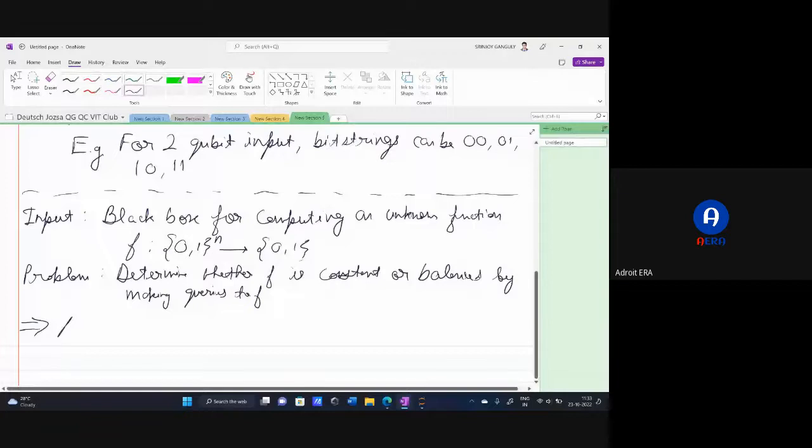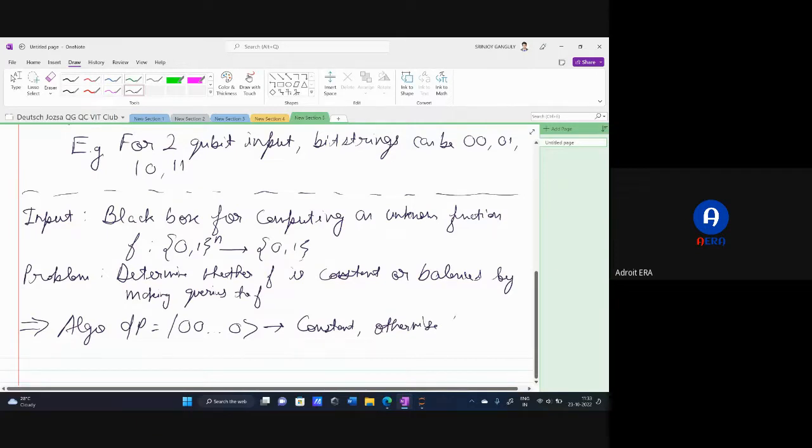So, when we have the algorithm output as all zeros, then we say it is constant. Otherwise, when it is all ones, it is balanced.